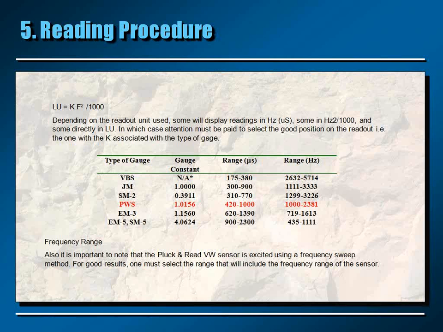Normally, the readout units will have different positions that allow you to read different types of vibrating wire sensors. Each position will be assigned a specific gauge constant, and also a specific frequency range that will be suited to the type of sensor that is read. For instance, the PWS is designed for working within 1,000 and about 2,300 hertz.